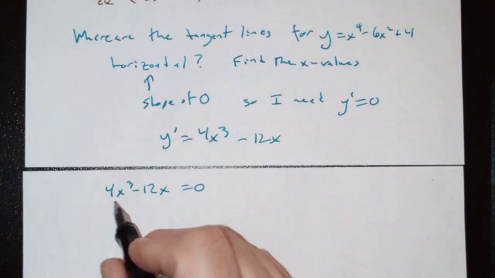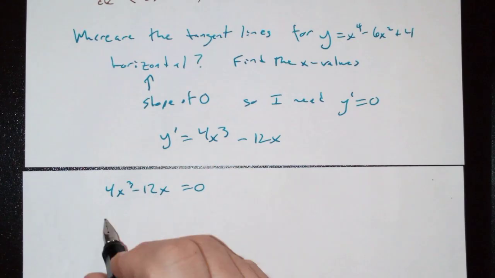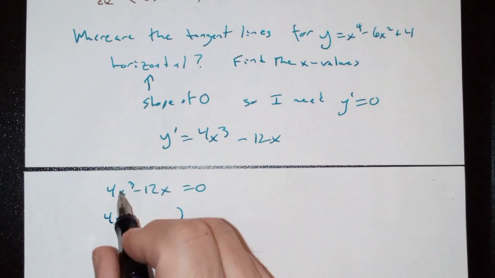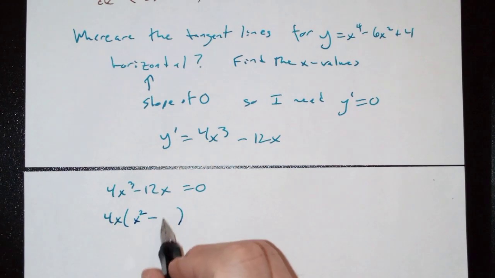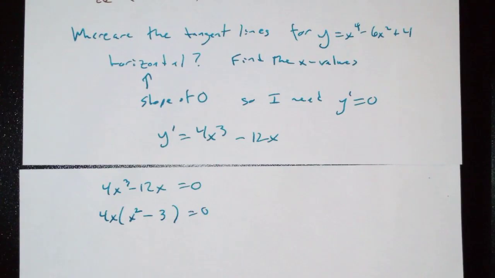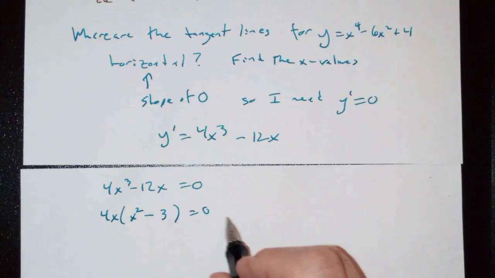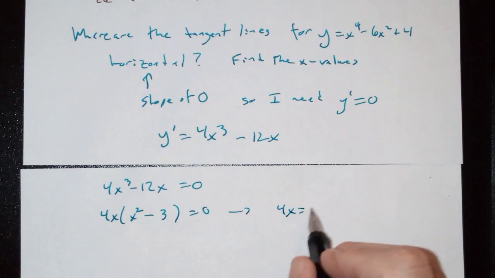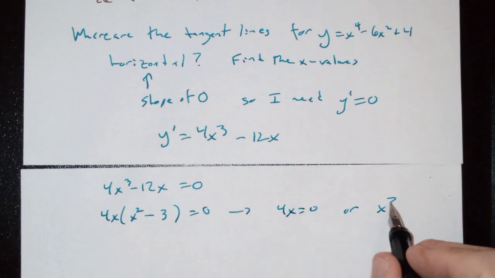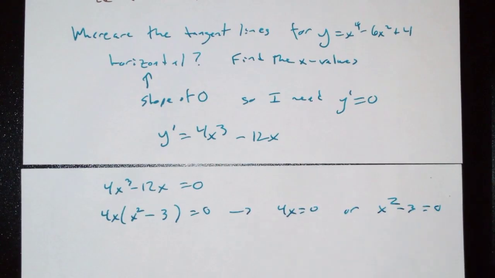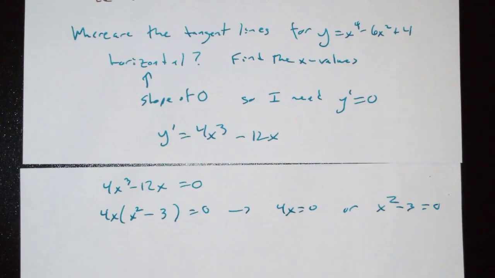Because there's a 4 and an x here, okay, 4x leaves behind an x squared, leaves behind. Now, if I'm multiplying two things and it's equal to 0, one of the things must be 0. So either 4x is 0 or x squared minus 3 is 0. What's the only way to make 4x equal to 0?